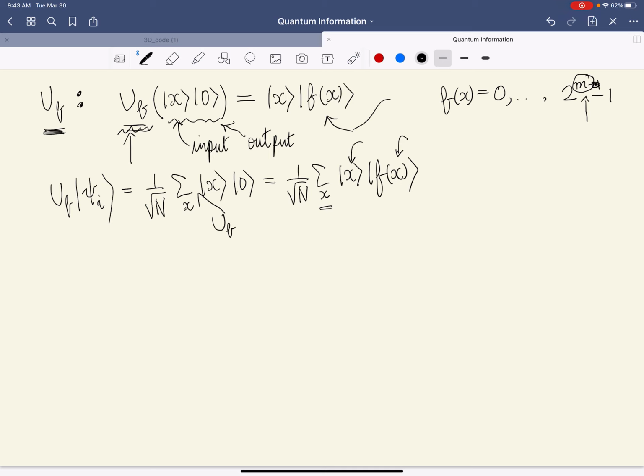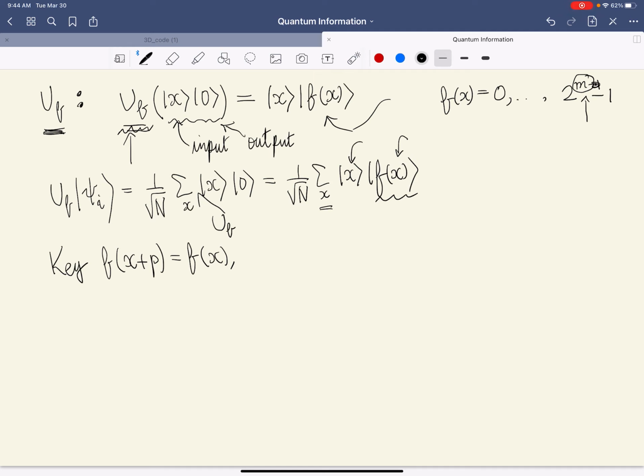Okay, so I haven't really specified what f of x is. It can be really any function. It's not important to know exactly what sort of function f should be. But now the key assumption that we're going to make is that this f is some periodic function.